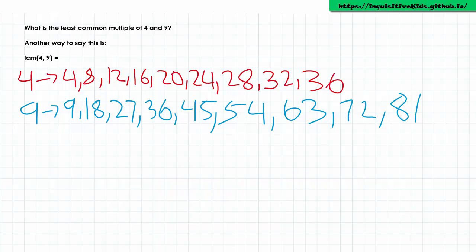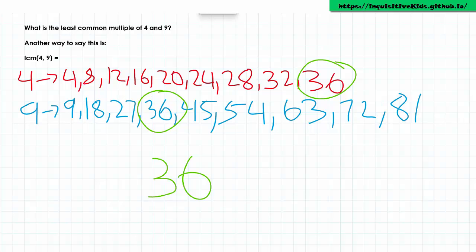Can you find any common multiples of 4 and 9? Well, I only see one common multiple. It is 36. One common multiple of 4 and 9 in here, which means that the least common multiple of 4 and 9 is 36.